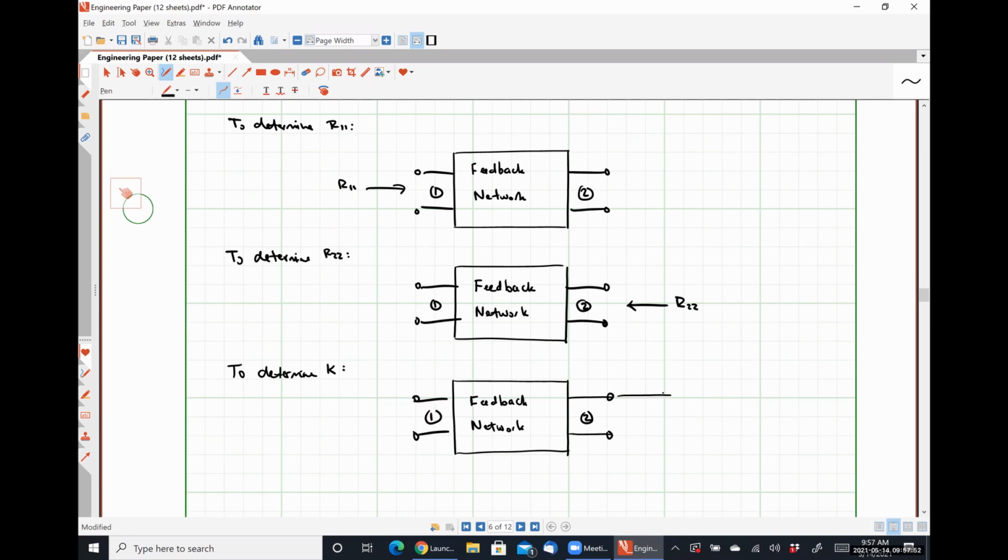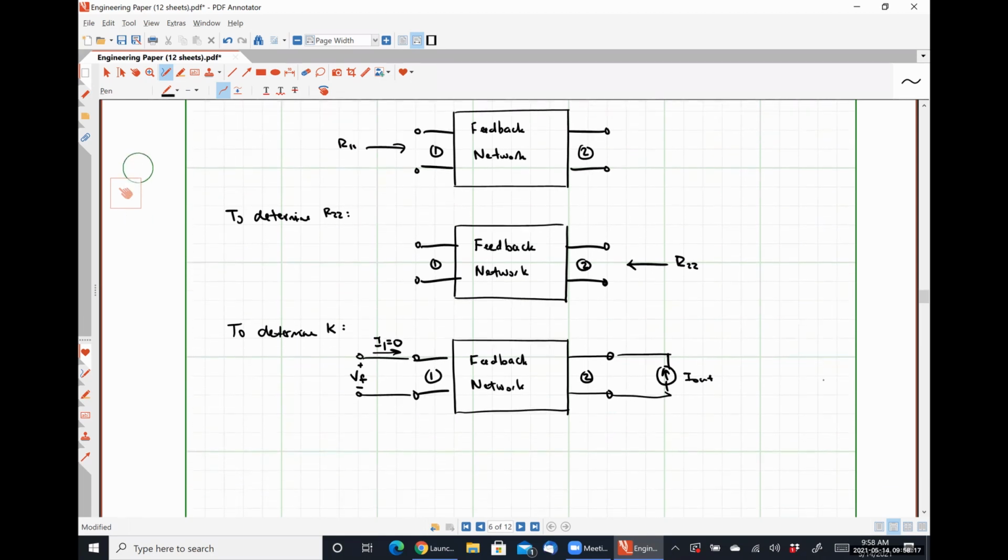So we will apply effectively a test current that I'm just arbitrarily going to call I out. And we will measure our feedback voltage VF under the constraint that there is no current flowing into port 1.